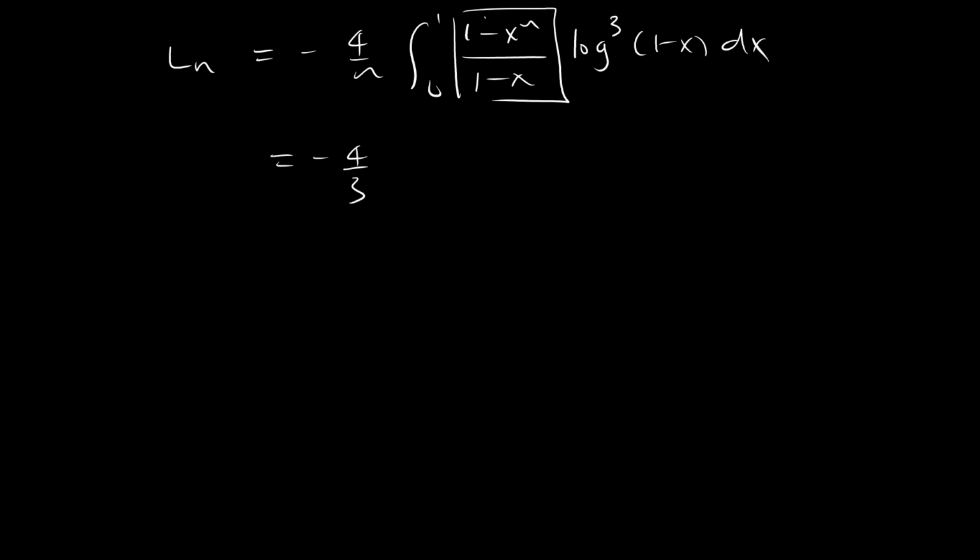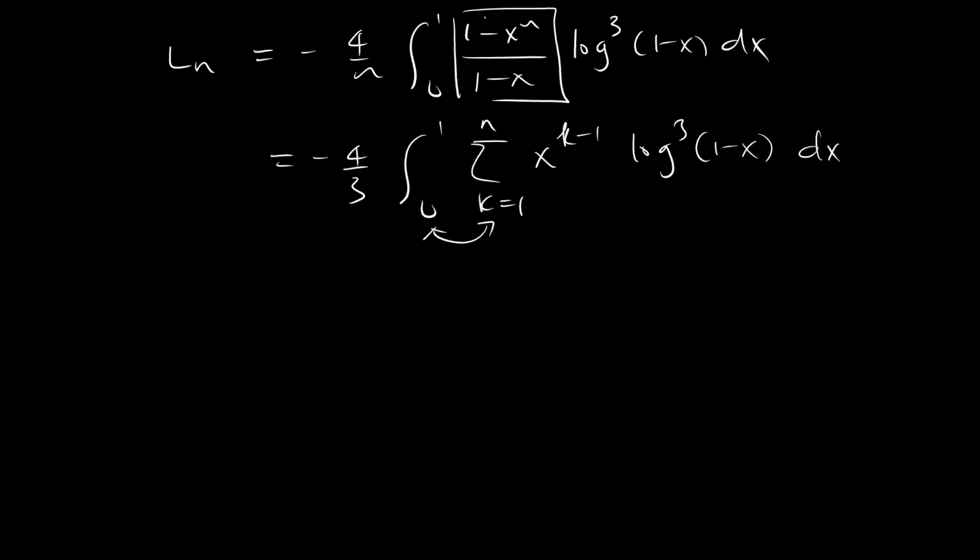So we have the integral from 0 to 1 of the summation from k equals 1 to n of x to the power k minus 1, times log 3 of 1 minus x. We can interchange the sum and the integration without losing any generality.